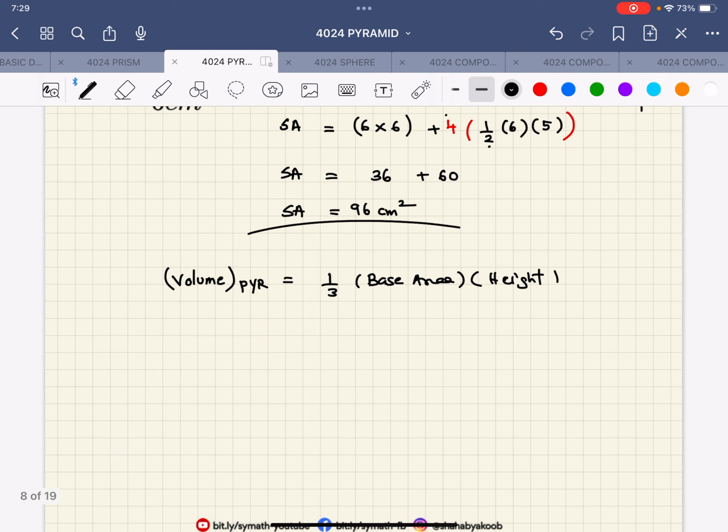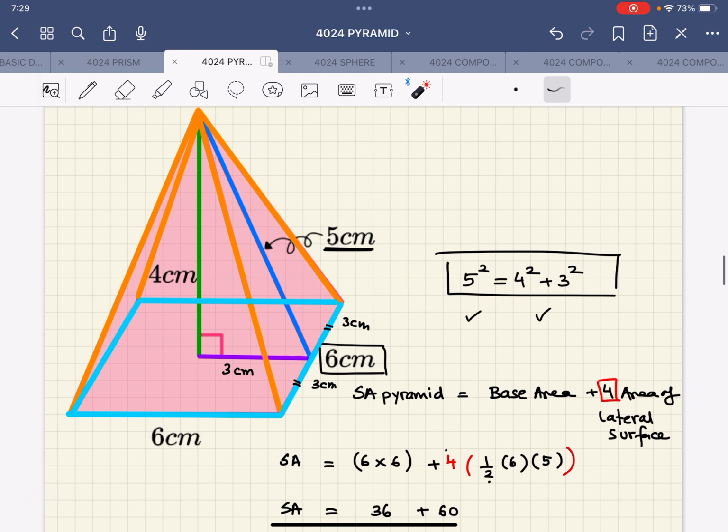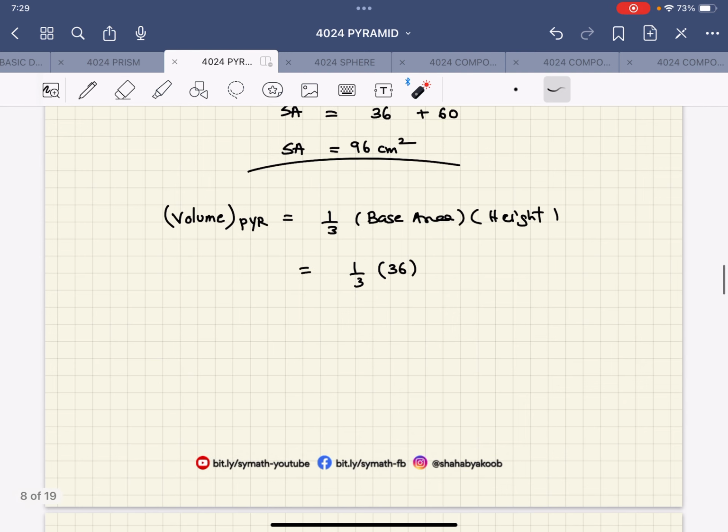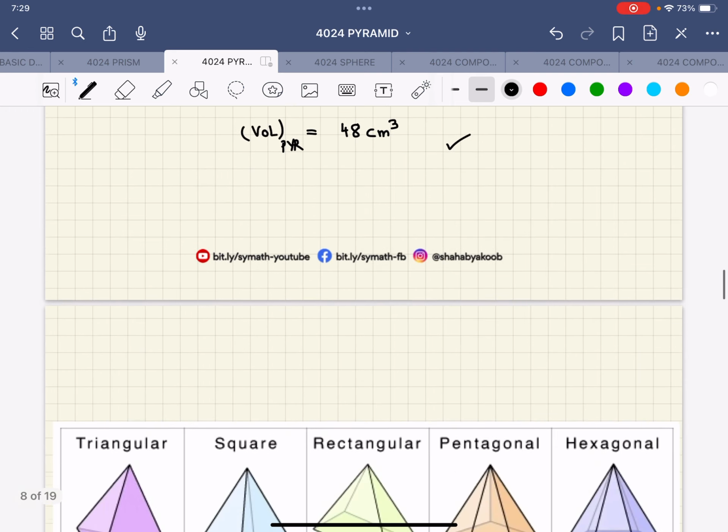So this is 1/3 into 36 into the perpendicular height, that is 4 over here. So let me write 4 over here. So therefore, 12 into 4, which comes out to be 48 centimeter cube. That is the volume of this pyramid. So this basic calculation is done.